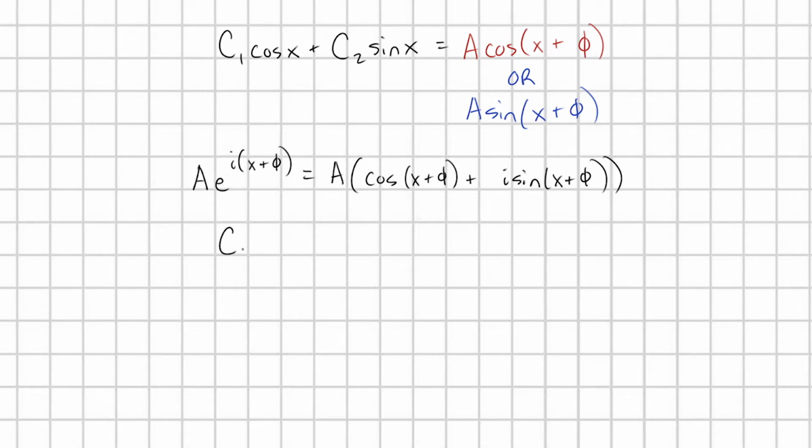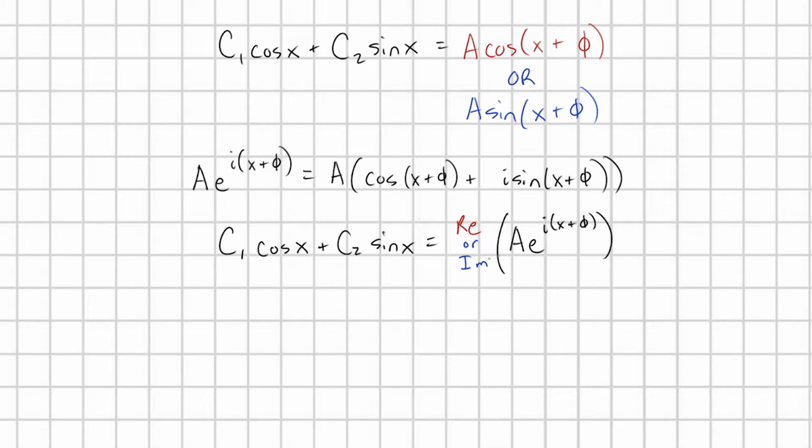In other words, I'm suggesting that we can rewrite this top relation here as either taking the real part or the imaginary part of A times e to the i times x plus phi.